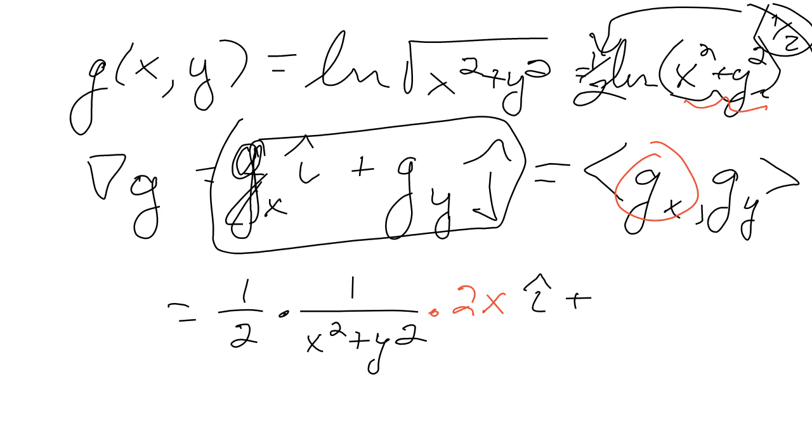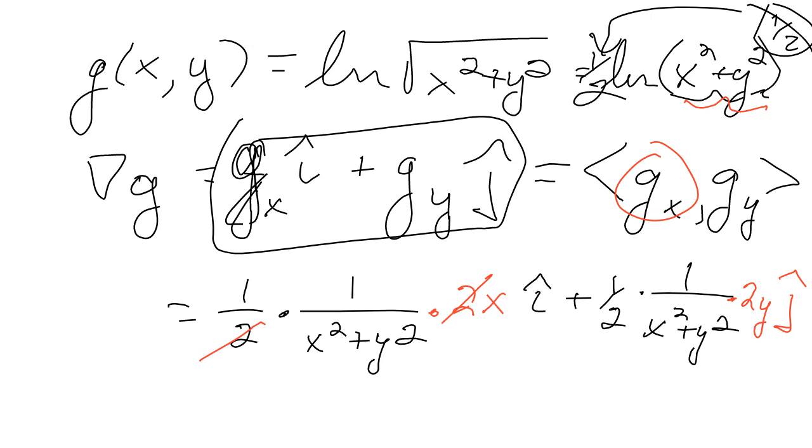Plus the j term is going to be a similar deal where we take the derivative with respect to y. It's going to be 1/2 times 1 over x squared plus y squared. And of course, the derivative of what's inside, in this case, is a 2y, and then j hat, right? Then we can clean this up a little bit.